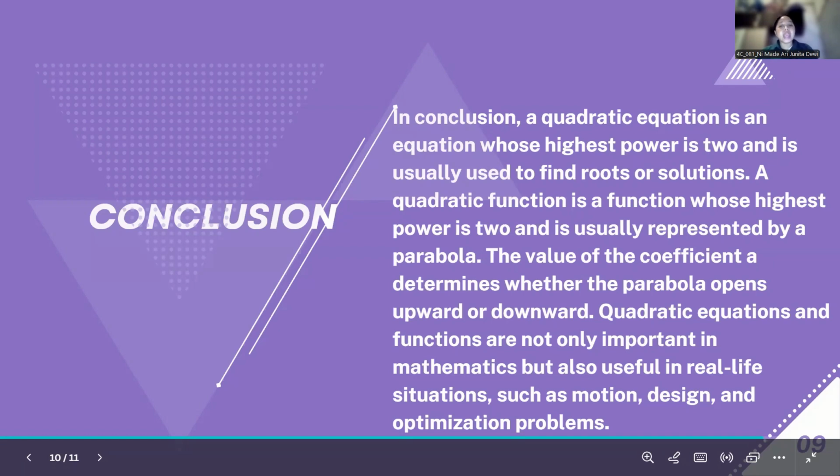The value of a determines whether the parabola opens upward or downward. Quadratic equations and functions are useful in real life situations such as the motion of a ball, the shape of a bridge, and problems about maximum or minimum value. So, by learning this topic, we can understand not only the mathematical procedures, but also the connection between mathematics and daily life.